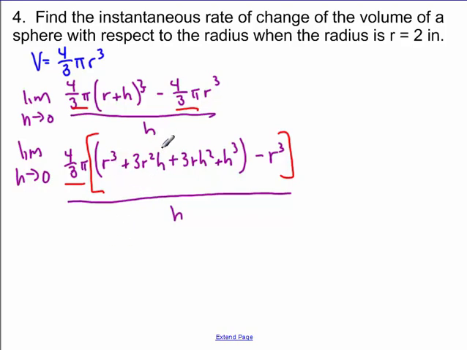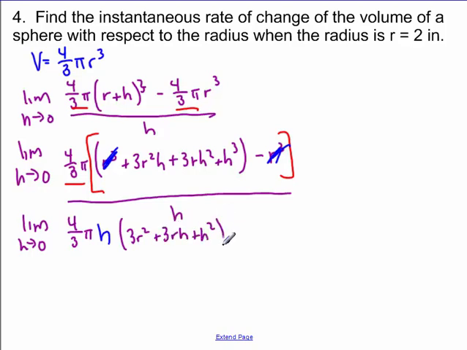Now notice what cancels. r cubes cancel. Now I can factor out an h from each term so that I'm left with 3r squared plus 3rh plus h squared all over h, so that now my h's cancel.